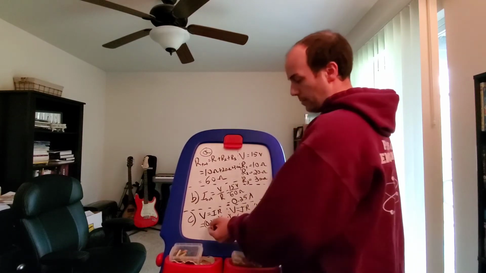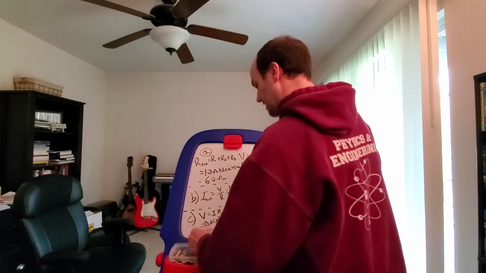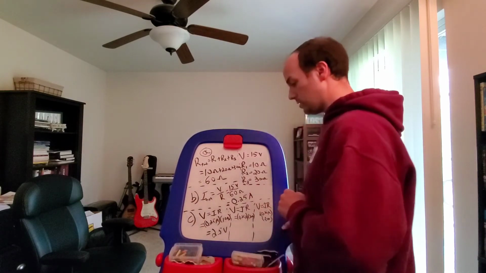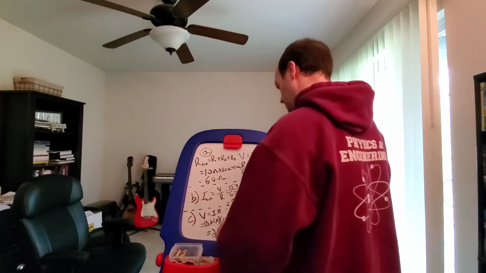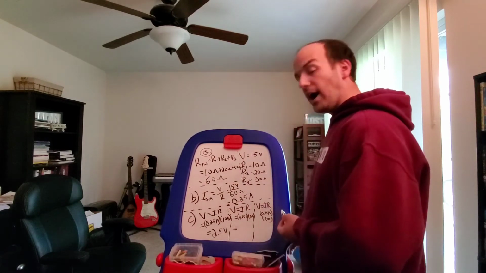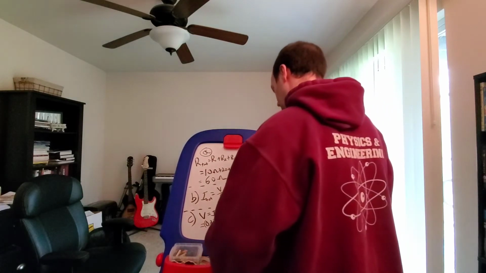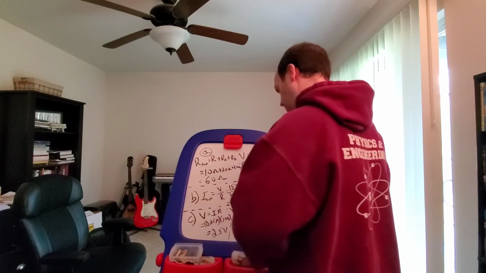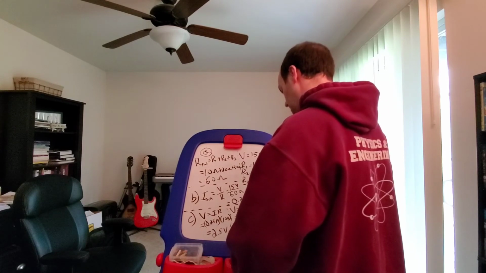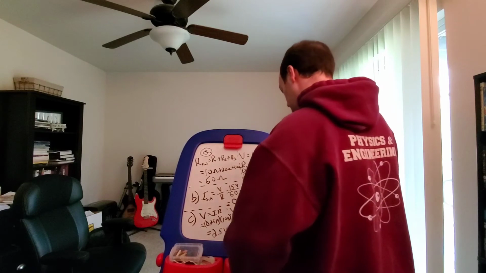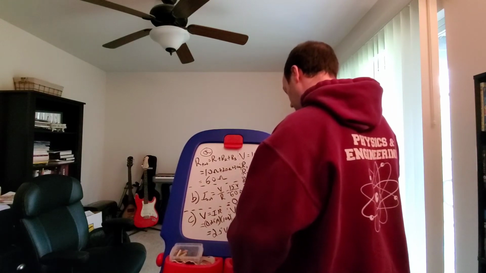We have 0.25 times 10, which is 2.5 volts. Great. 0.25 times 20 will be 5 volts. 0.25 times 30 is 7.5 volts.